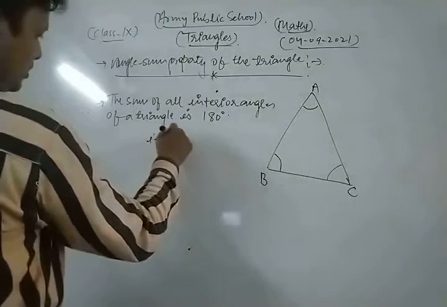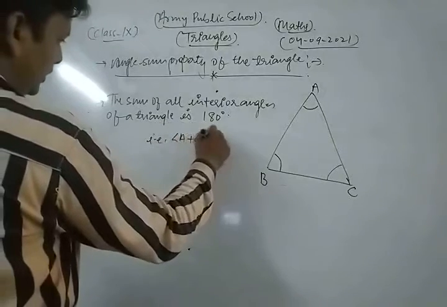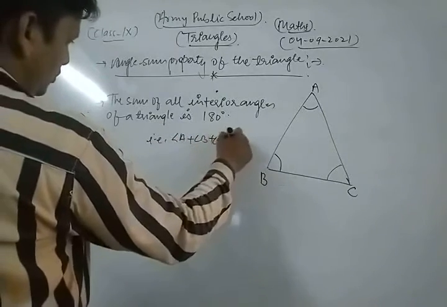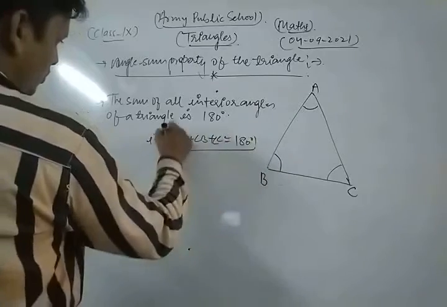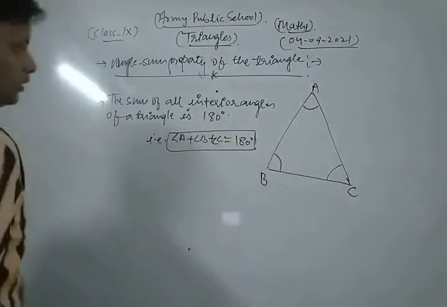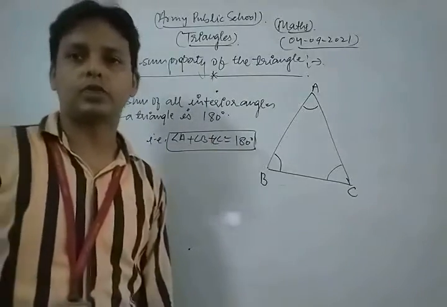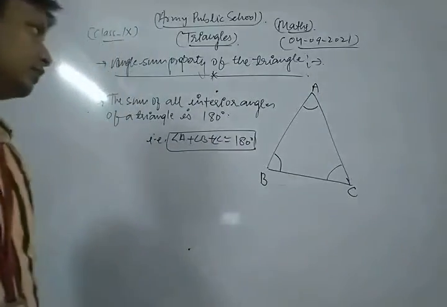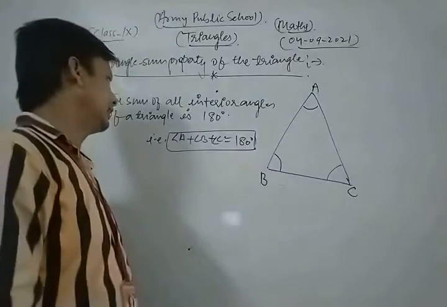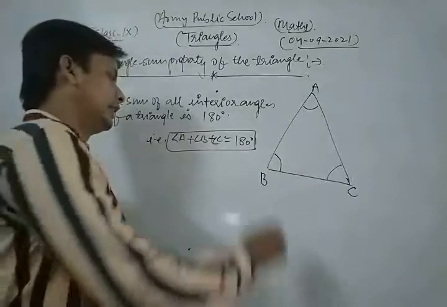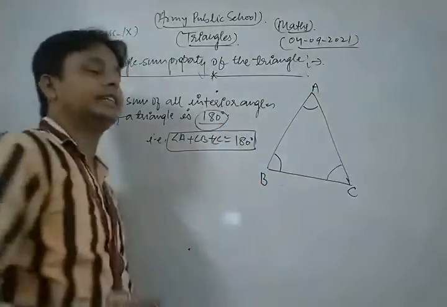That is, angle A plus angle B plus angle C is equal to 180 degrees. This is a very important theorem related to the triangle: the sum of all interior angles of a triangle is 180 degrees.